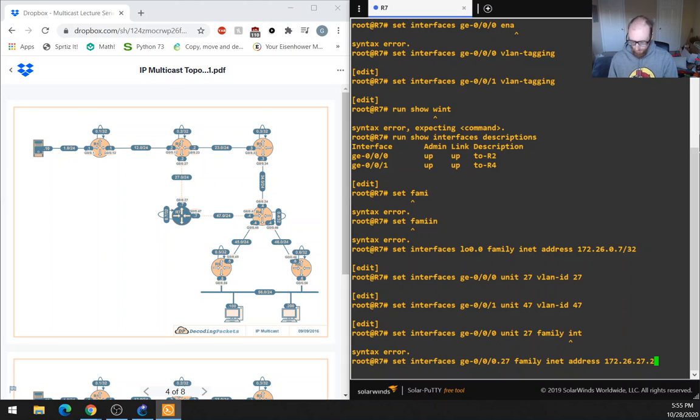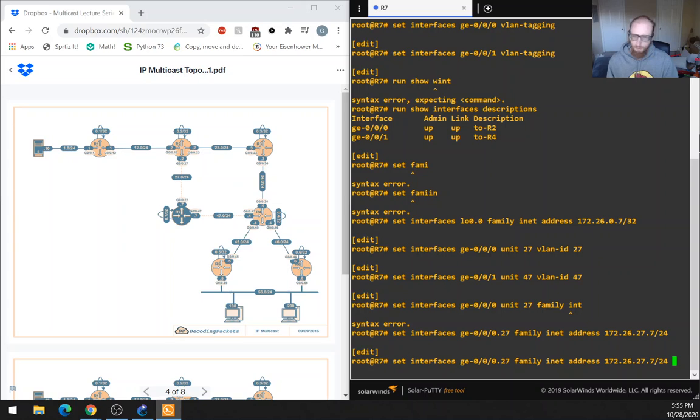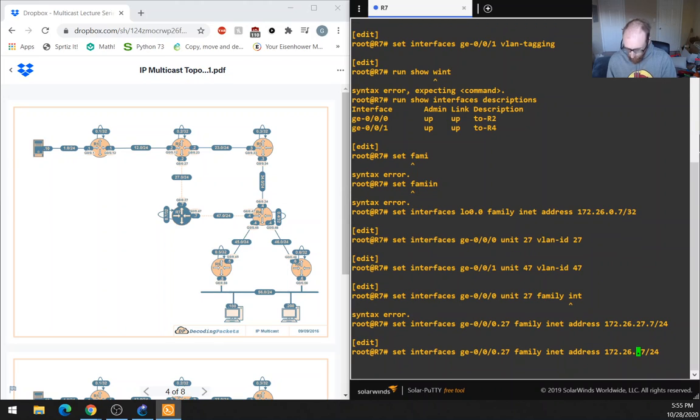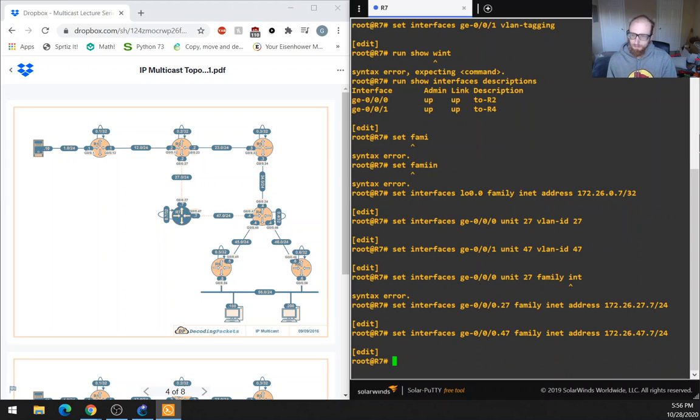Okay. Oh, nope. This is going to be .7 because I see. Router 2 gets .2, router 1 gets .1, router 3 gets .3. Okay, so we're on router 7, and this is a /24. Okay, and then we've got 4.7. Looks good to me. Okay.